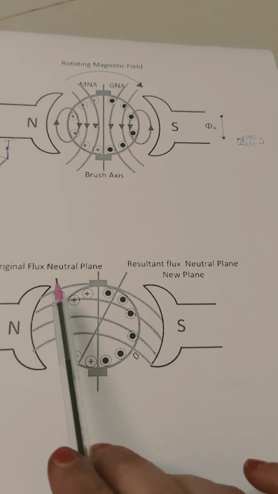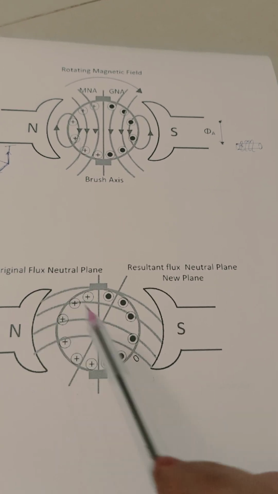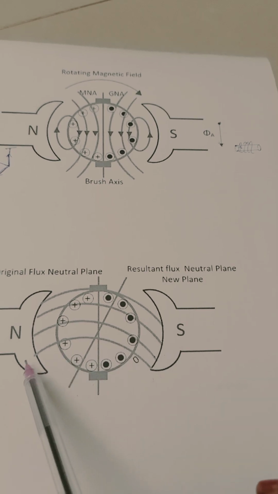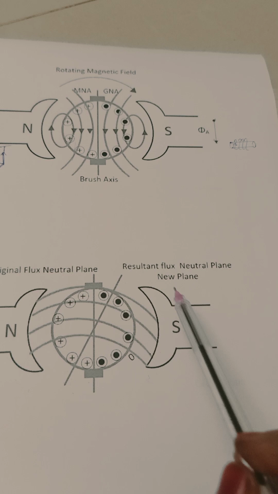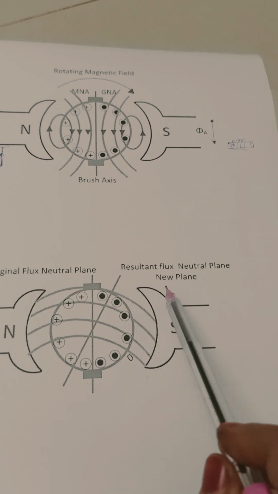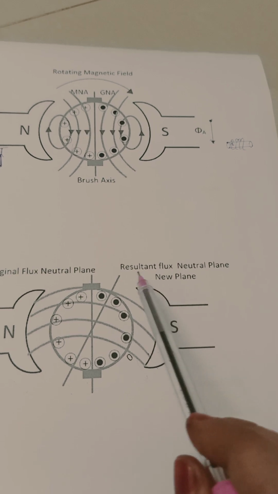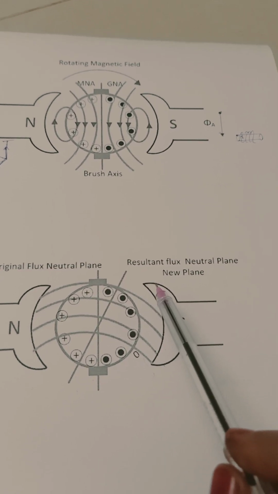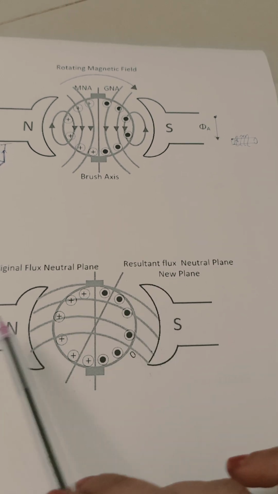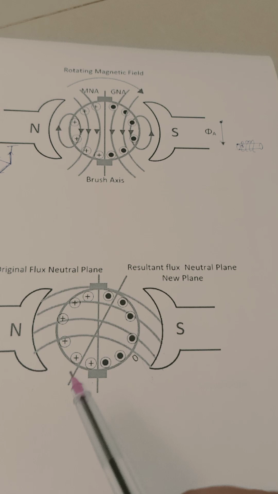It is high at the upper tip of the south pole and low at the lower tip of the south pole, whereas in the case of the north pole it is higher at the lower tip and lower at the upper tip. This shows the density of flux distribution.